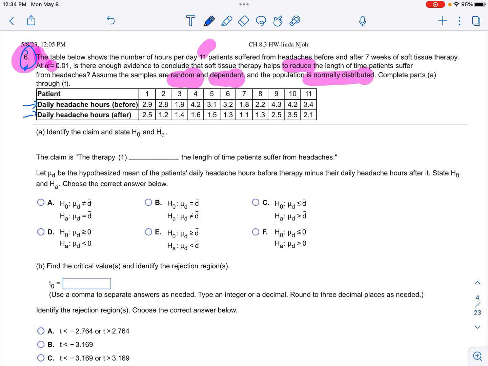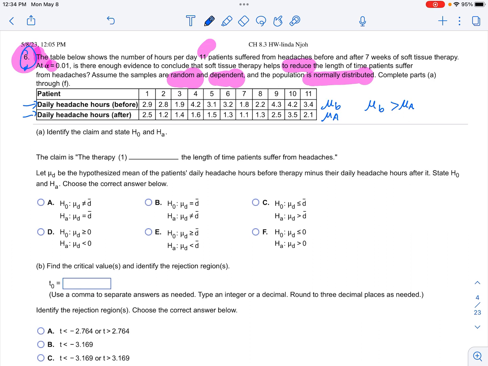So to reduce means, imagine this is mu before and this is mu after. So mu before has to be definitely greater than mu after, because you have a reduction.